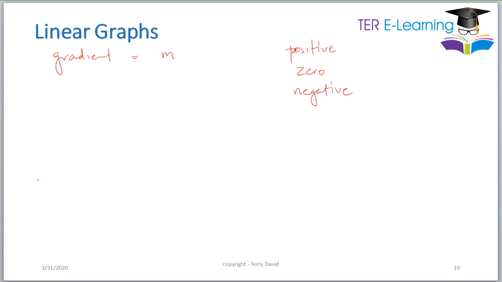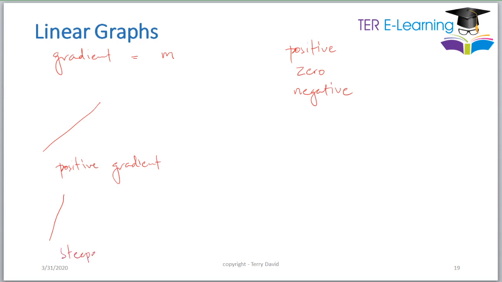Now, any line that is sloping this way has a positive gradient, right? So it has a positive gradient. Any line that is sloping this way has a positive gradient. If the line is looking more like this, then it has a steeper positive gradient.